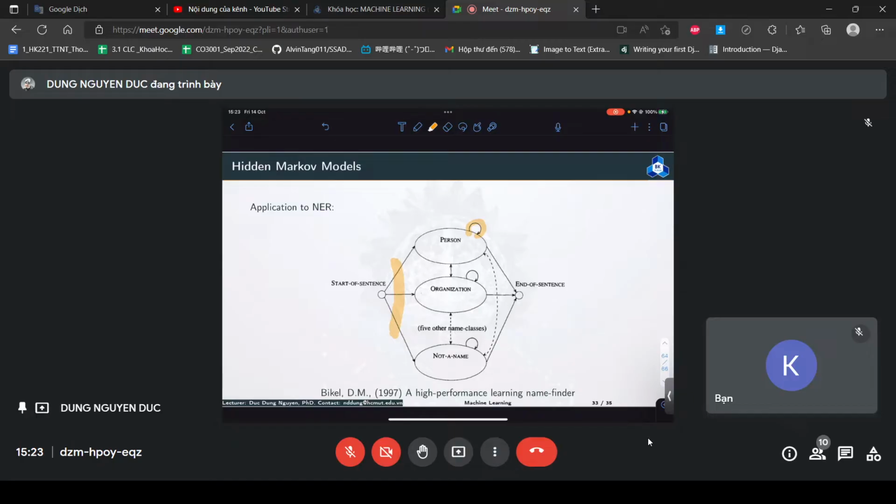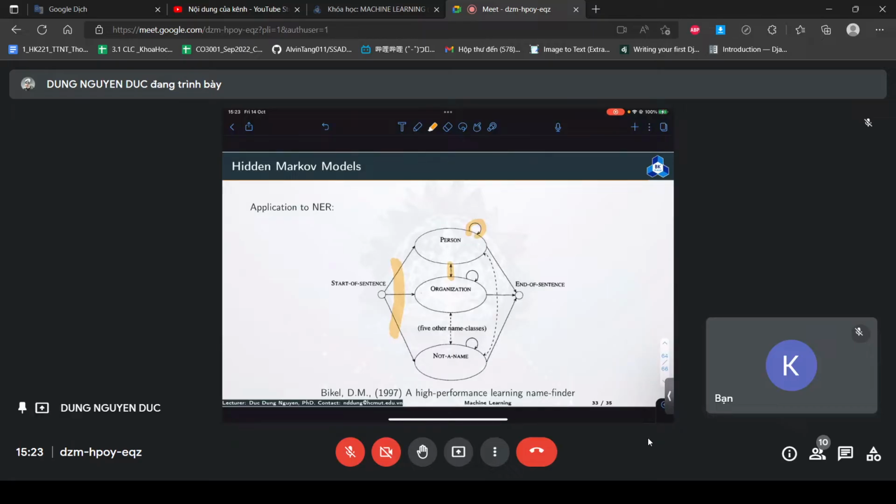And also from person to organizations, there are two directional relationships. Therefore, you may have some statistics over here given the data. All right, and yeah, I think that's all you need for NER.